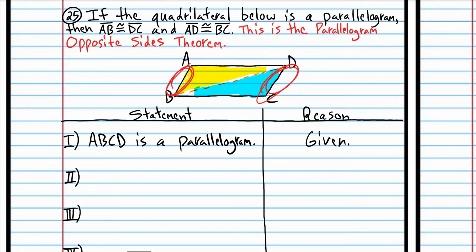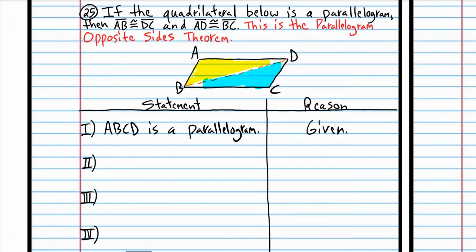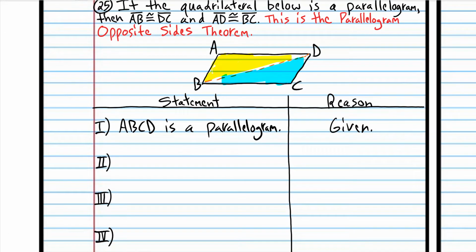So in order to do that, we have to use the definition of a parallelogram. A parallelogram is a quadrilateral with two pairs of parallel sides. So we know that AB, for example, is parallel to DC by the definition of a parallelogram. And I'm just going to draw a picture because it's kind of a big word to fit in there.